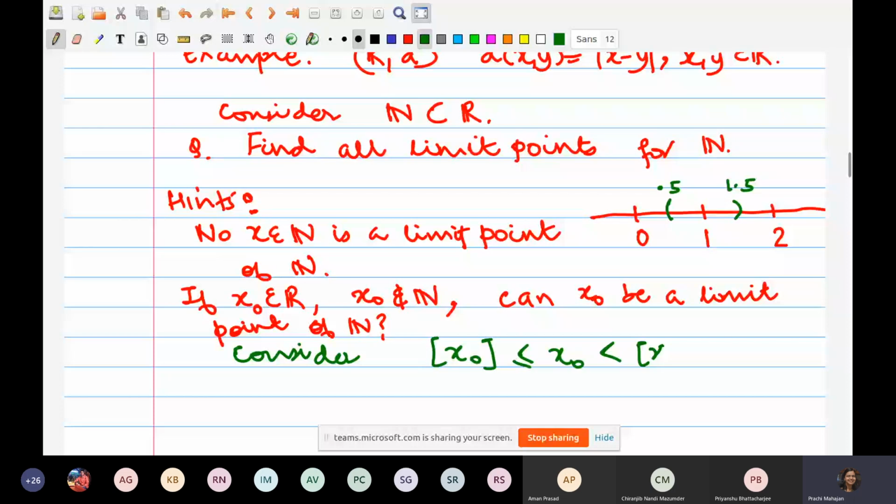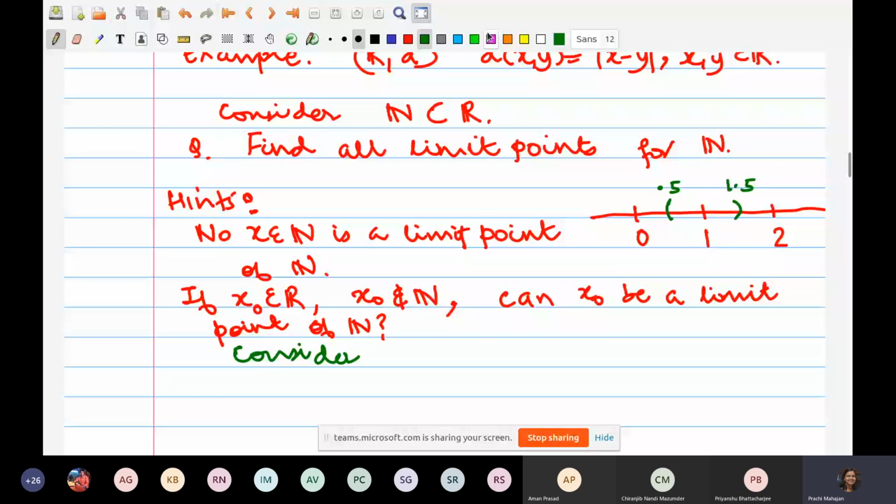Just for the clarity of notation, let me not go to boxes and write it like this. Consider the following thing. I want to make the following claim.